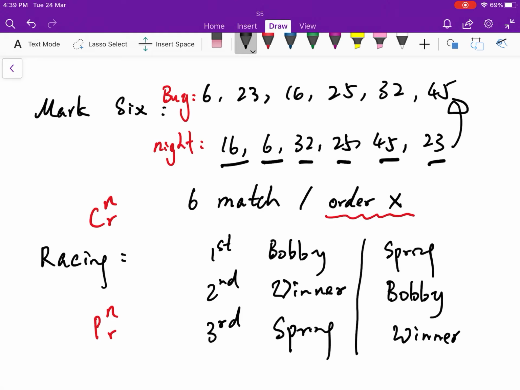So this is one example in daily life to tell you how we can separate NCR and NPR. One of them clearly cares about the order, but the other doesn't care about the order.